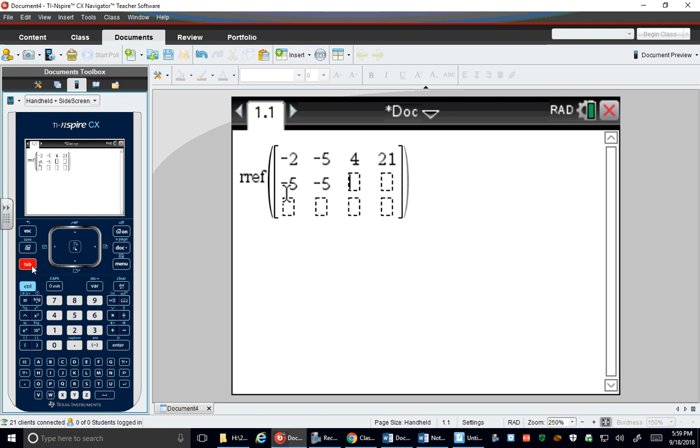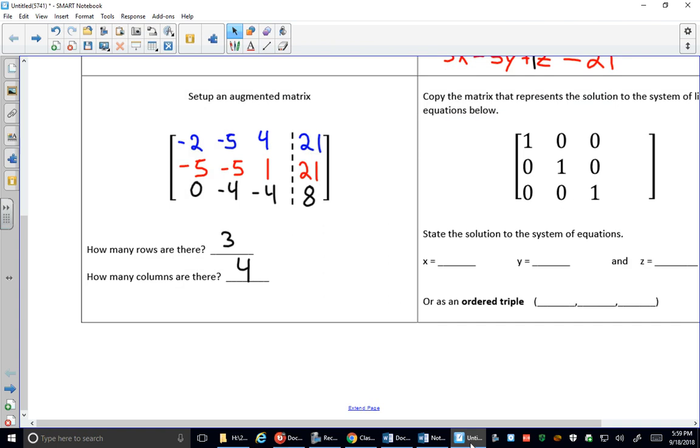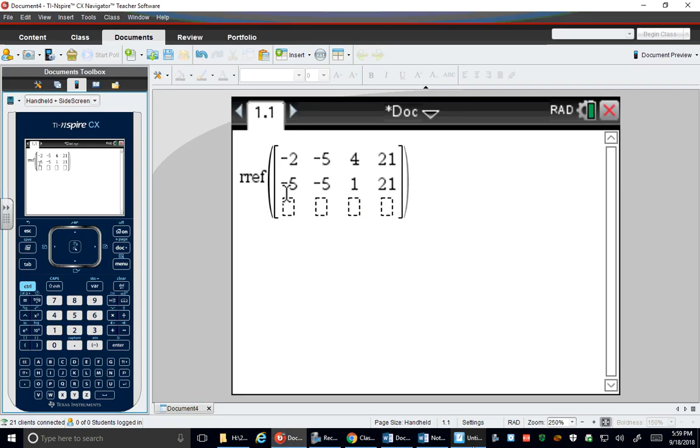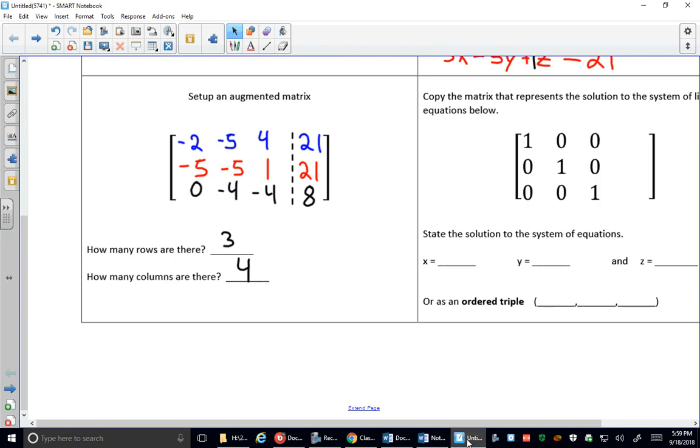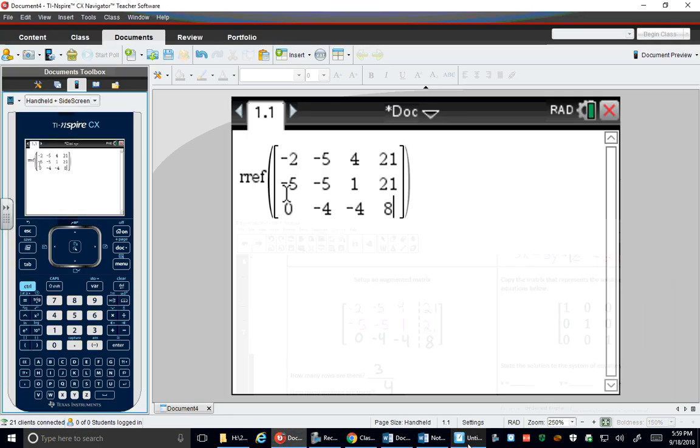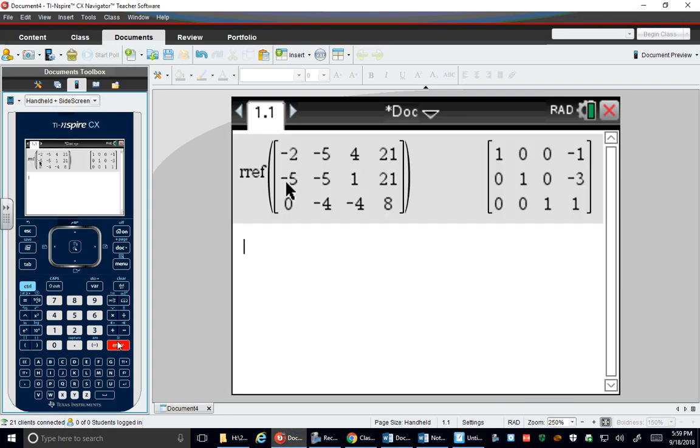I forgot already. 1 and 21. Okay, tab again. 0, -4, -4. Okay, so just double checking. Those numbers and signs are correct, and we can hit enter.